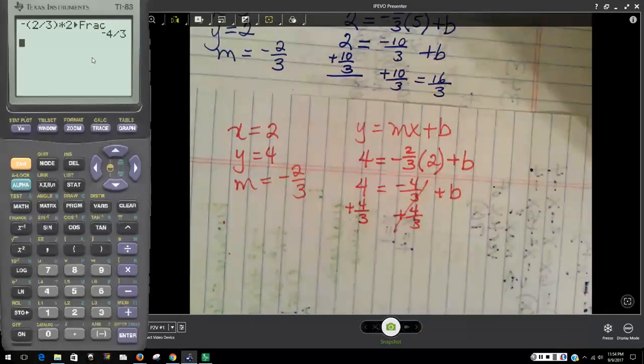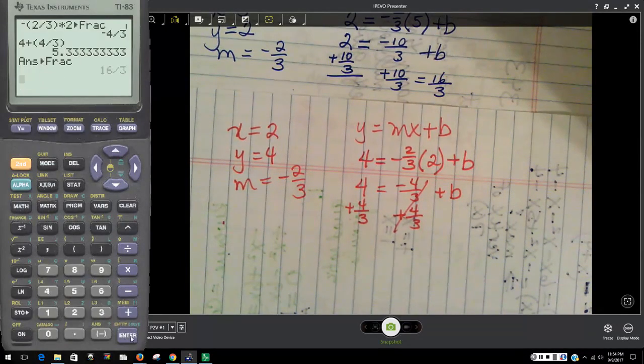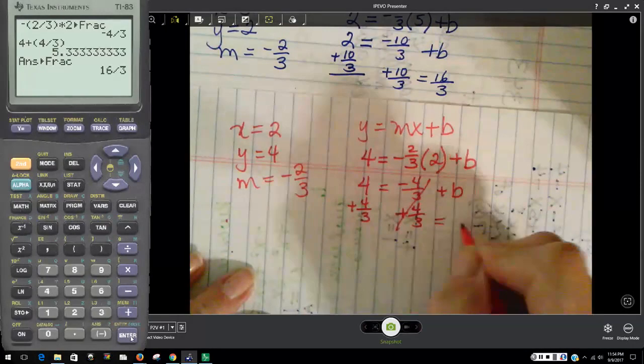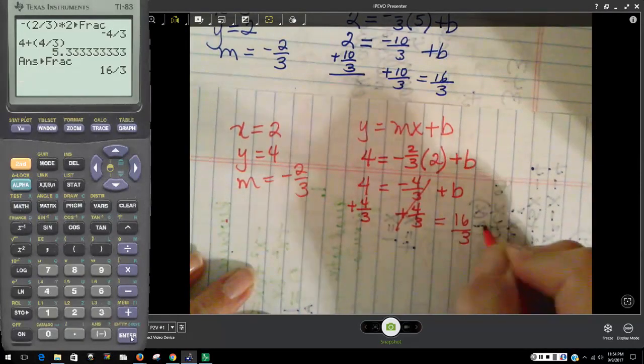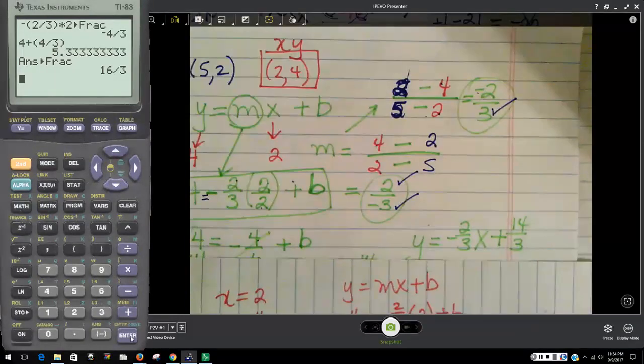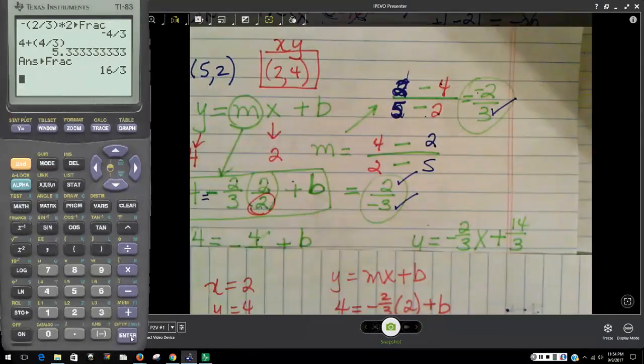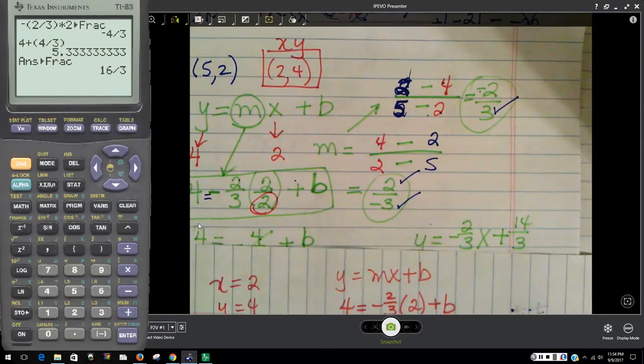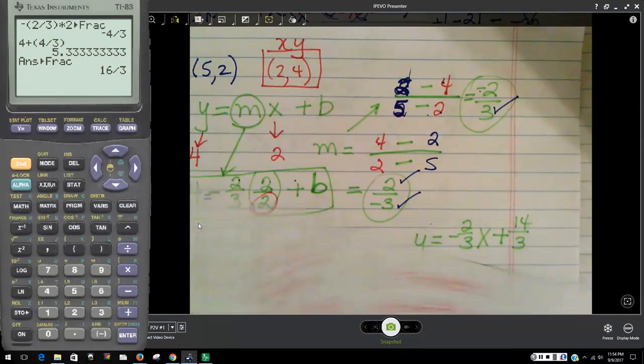But 4 plus 4/3 is 5 1/3, or 16 over 3. So what I did, and I bet you caught it when I did it, and you were thinking, oh, Miss Flinch, you messed up, was I put 2 over 2, not 2 over 1. So yes, I did mess up.